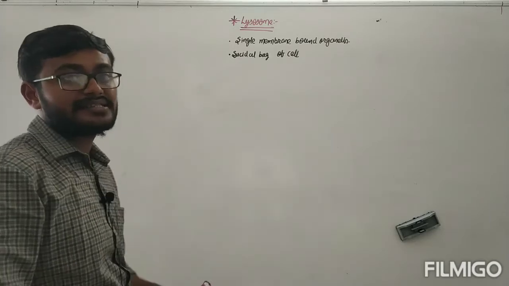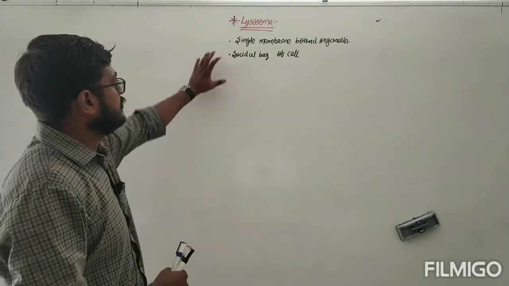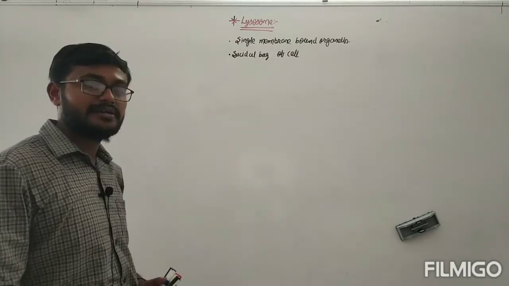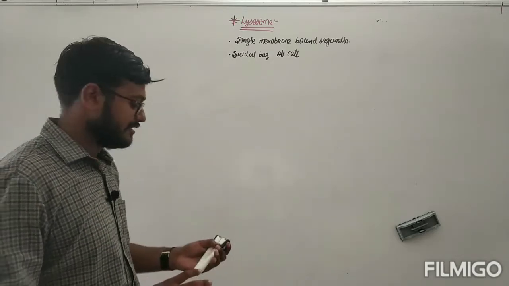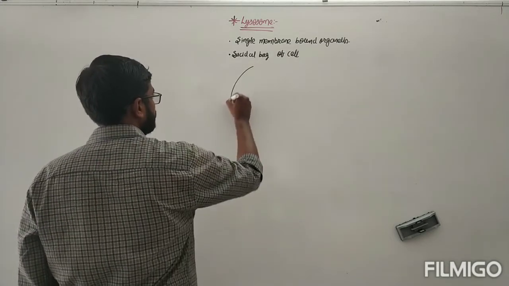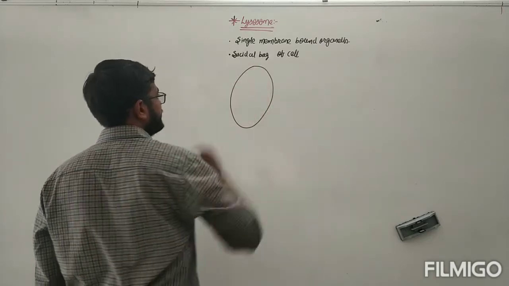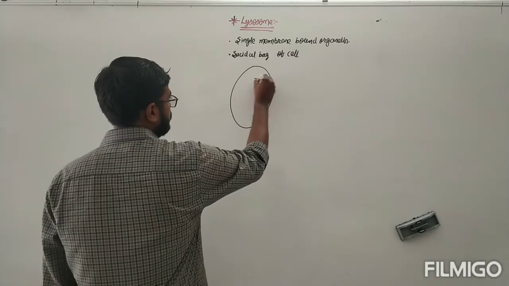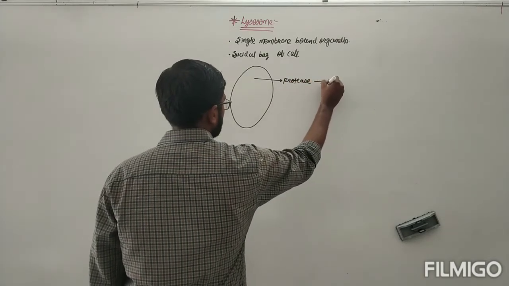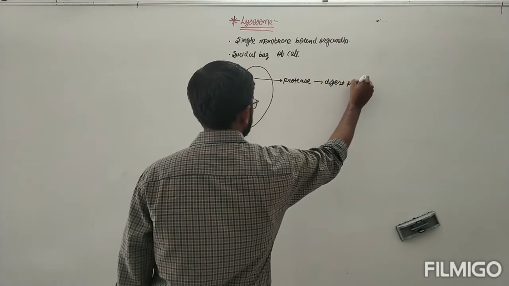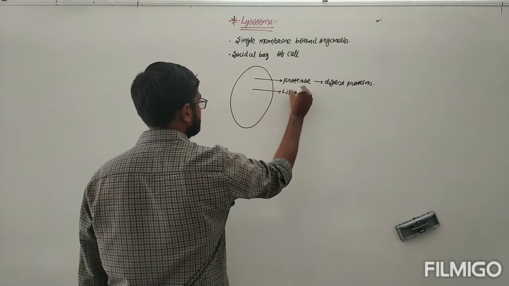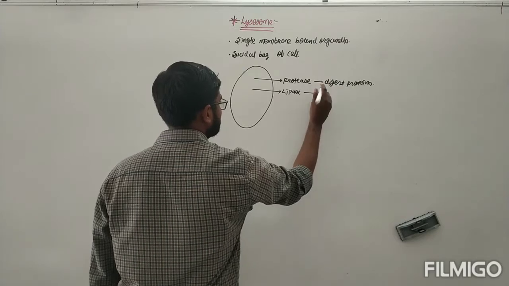In the sense of what? When the cell is going to die, the lysosome starts digesting the cell, so it itself kills the cell. But this happens when the death time comes, not at each and every time. If you see the lysosome, it is a bag-like structure, and inside this lysosome various kinds of enzymes are there. The first is protease, which digests proteins. Next is lipase, which digests lipids.